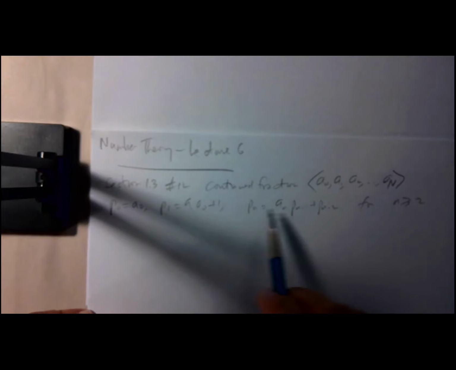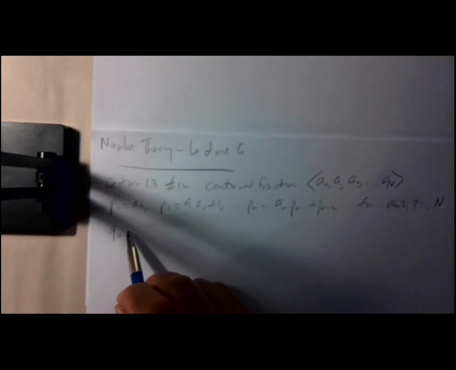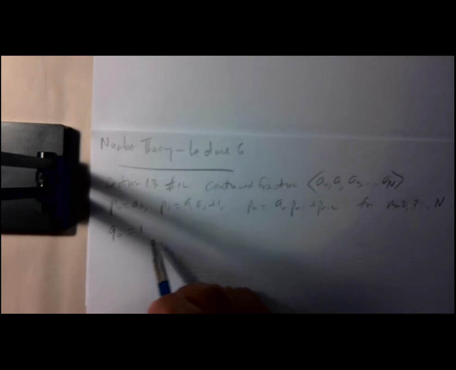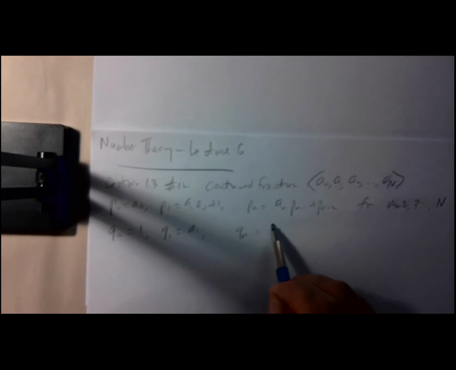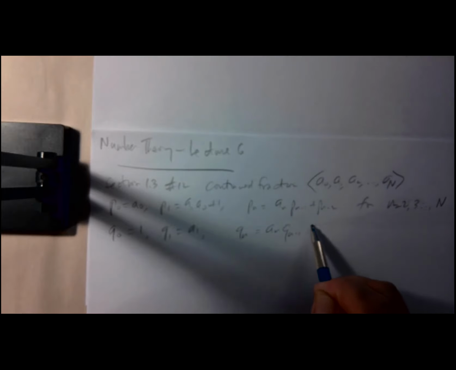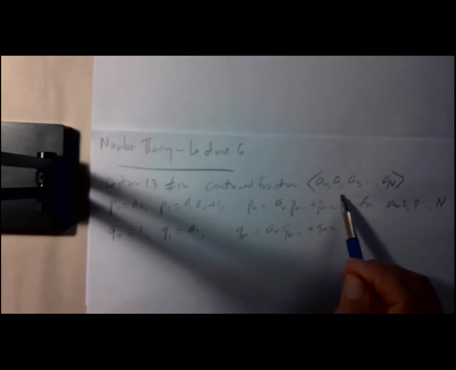So that gives us a sequence of numbers P sub n, with n going from 2, 3 up to capital N. You can't go any further than that. And Q0 is 1, Q1 is A1, and Qn is An Qn minus 1 plus Qn minus 2, also for n going from 2 up to capital N.